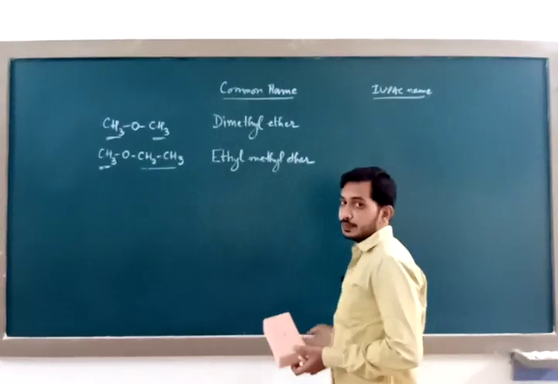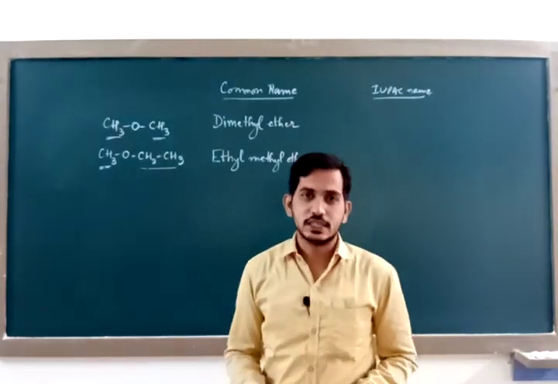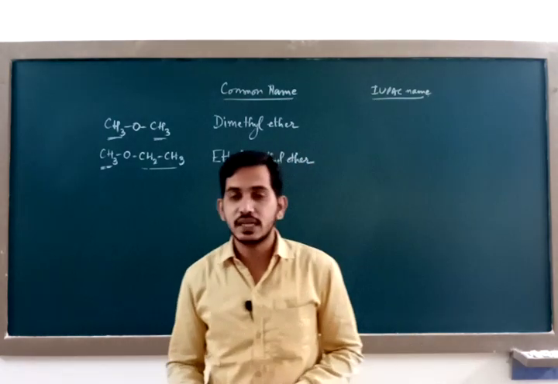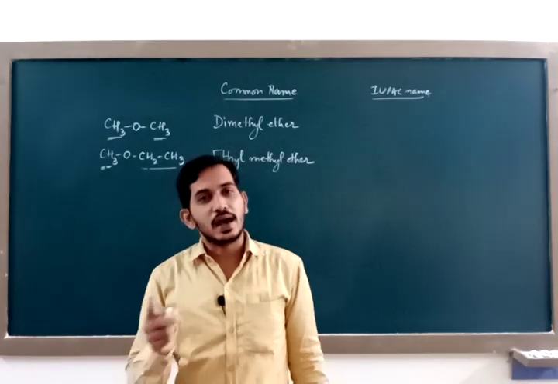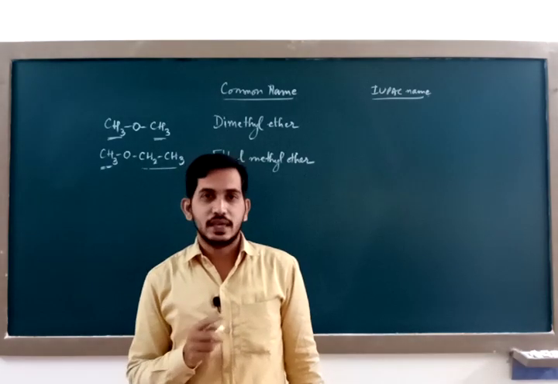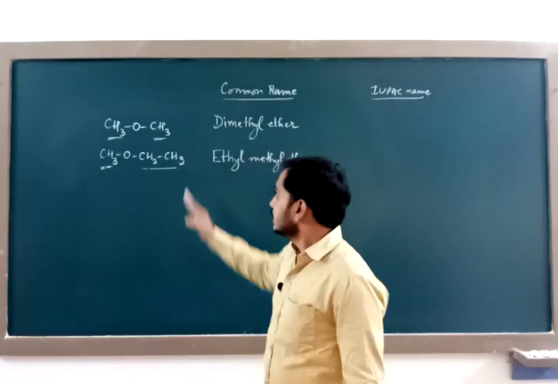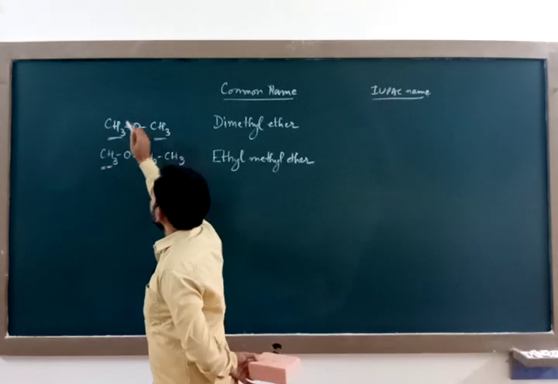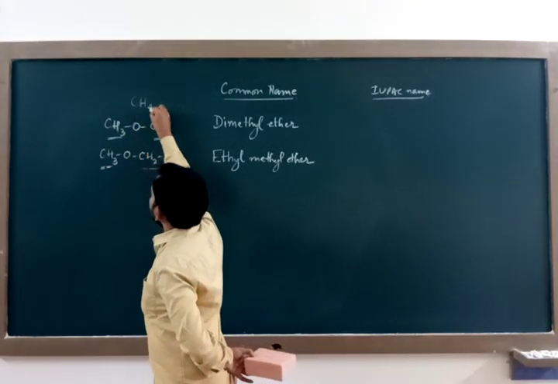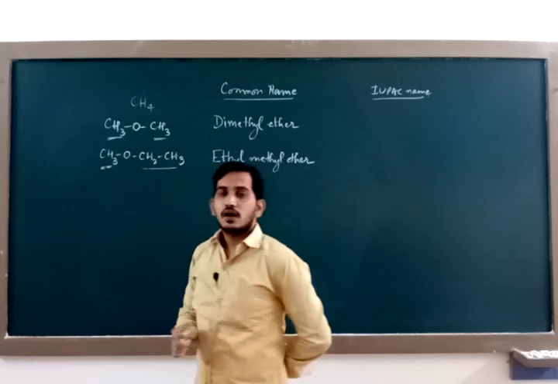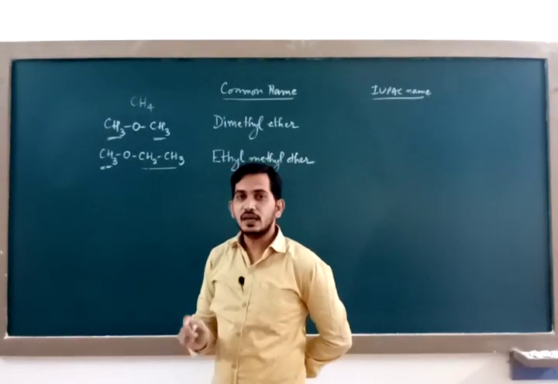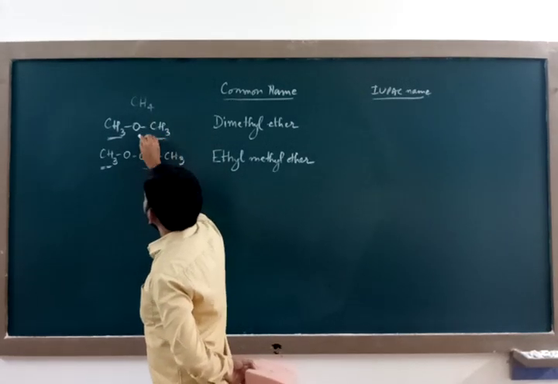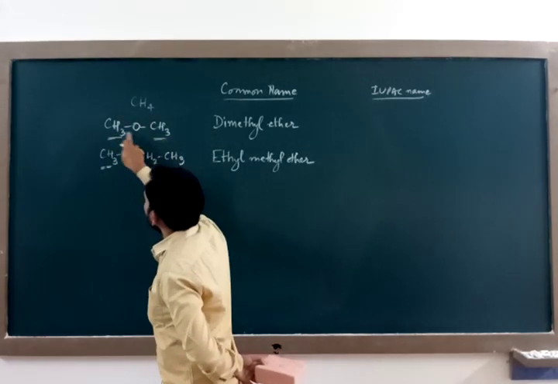How are they named in the IUPAC system? In the IUPAC system, they are considered as derivatives of alkanes. Which derivatives of alkanes? Alkoxy or aryloxy derivatives of alkanes. For that reason, the name of this compound is written as follows. See, earlier this was methane, because from methane you removed one hydrogen atom and replaced it by an alkoxy group. So if this is methane, then this group is methoxy.